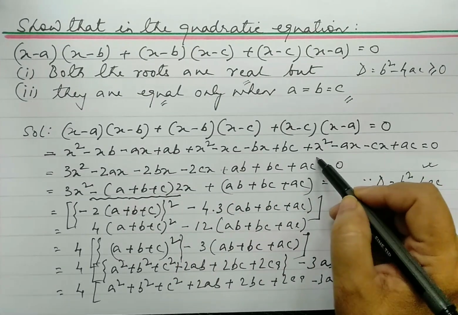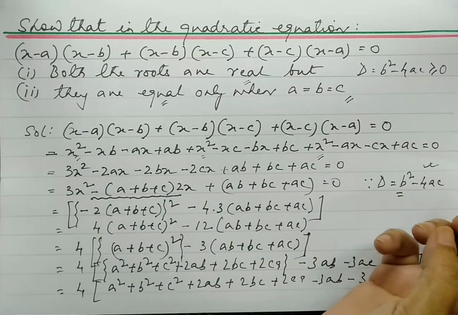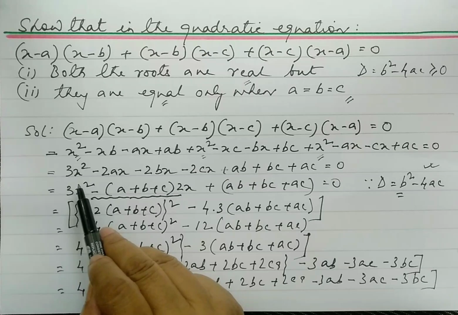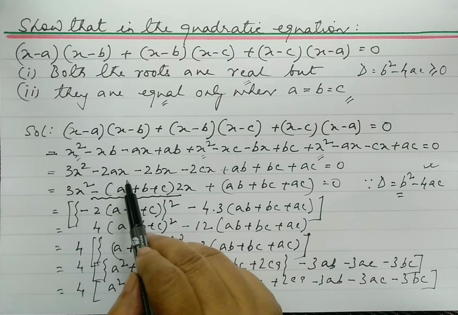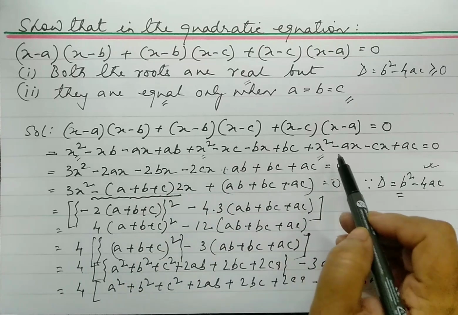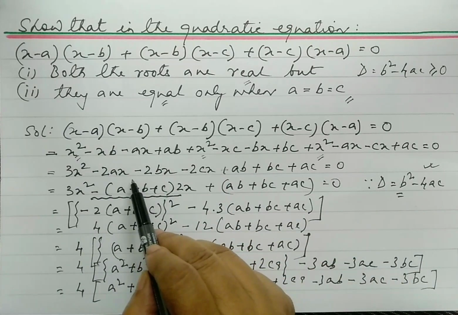Having done this, we find that there are 3 x squares. We bring it over here. Next, there are 2 ax terms: minus ax here and minus ax here, so we have minus 2ax.